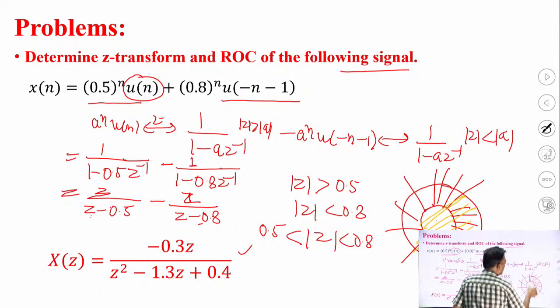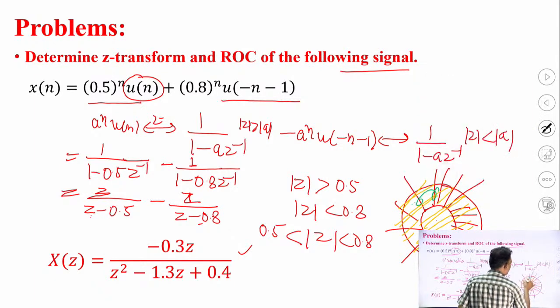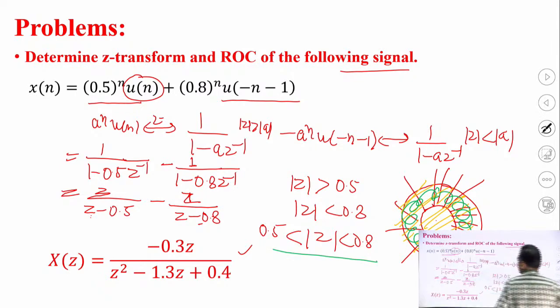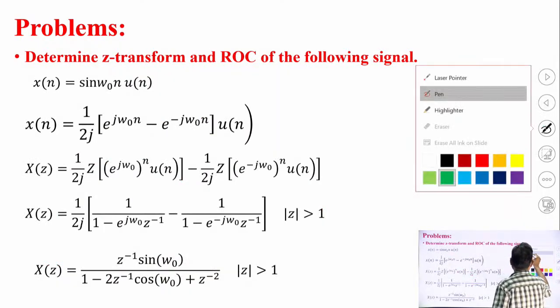So you can say this is the overlapping region. So the ROC will lie between 0.5 and 0.8. This is a simple question. Next one: determine the z transform and ROC of the following signal.